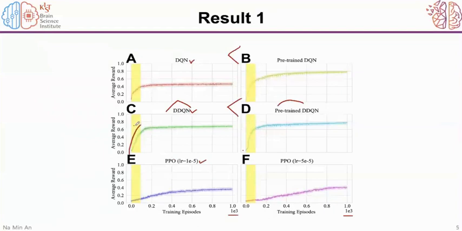Because pre-trained PPO could not be properly trained because of the gradient explosion problem, we presented the results of two PPOs trained with learning rates of 2e-5 and 5e-5, at which the learning curves saturated much more slowly compared to DQN and DDQN. Hence, we selected the pre-trained DDQN as the best RL algorithm to create artificial agents in the automating stage due to the fastest convergence with the highest reward received in the last training episodes.